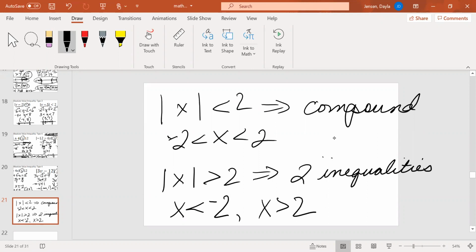If I have an absolute value greater than some number, I have to have 2 different inequalities. If it's less than, then I can write it as one compound inequality. Okay, so hopefully that'll help you out with the absolute value inequalities. I know they're kind of confusing. Just think about distance. That might help. That's all.